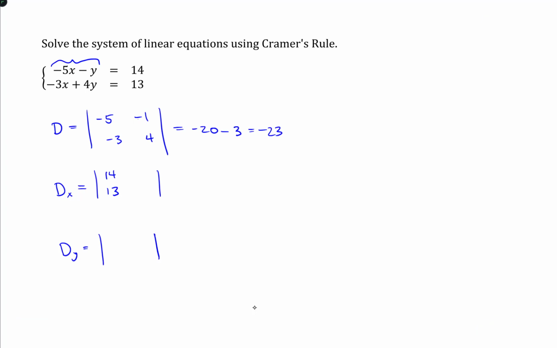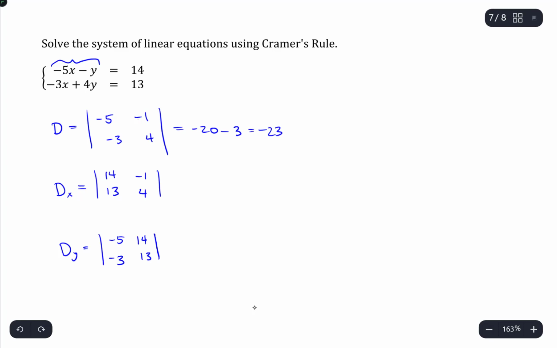In D sub y, we would replace the y column with the constants, but then we would leave the other variable column the same. So since we replaced x with 14 and 13, we leave the y column as -1 and 4. And in D sub y, we leave the x column as -5, -3. And we calculate the determinant of these matrices.